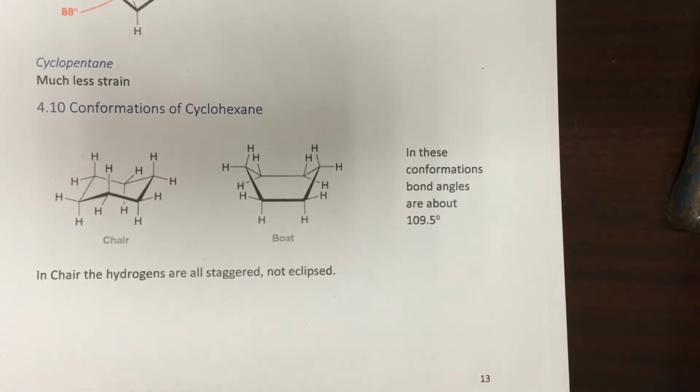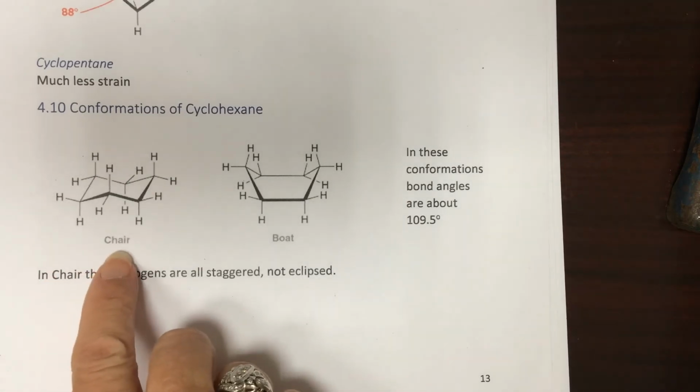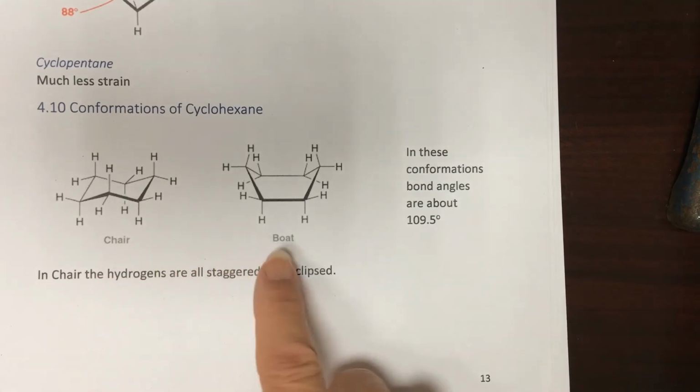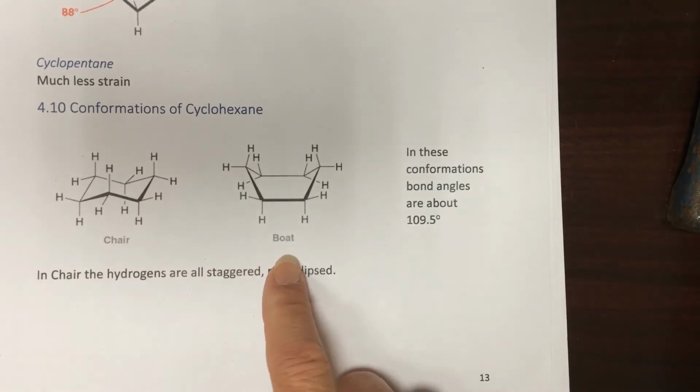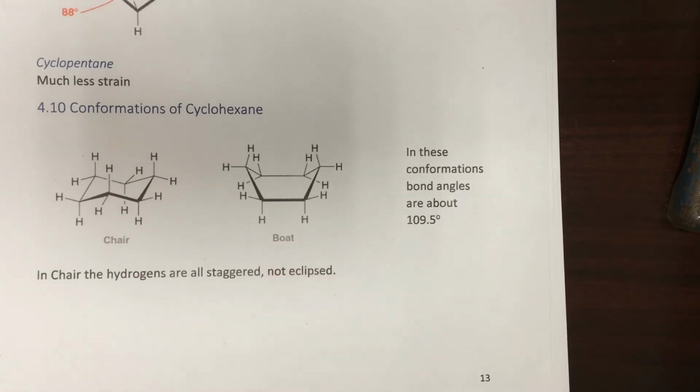The conformations of cyclohexane. It's important to remember that in solution, cyclohexane can bend and flex. It's not always sitting in exactly the same conformation. It can move and twist. So it can be in a chair configuration, or it can be in a boat configuration. The boat configuration is going to be less stable.